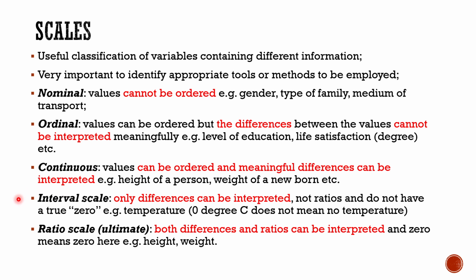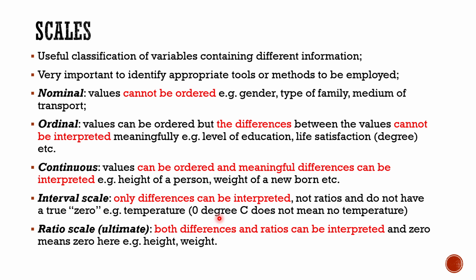Now coming to interval scale. Here in interval scale, only differences can be interpreted, but not ratios, and it doesn't have a true zero. What does it mean by doesn't have a true zero? You can simply get it by an example of temperature. 0 degree Celsius doesn't mean that there is no temperature. It is a degree of temperature.